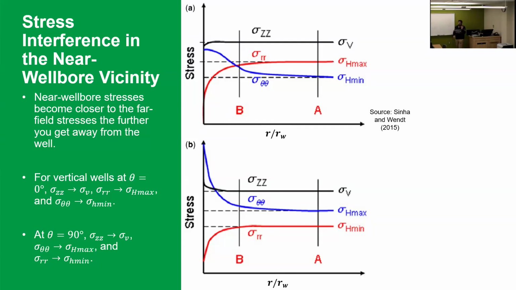But it's not the same as I move around the wellbore. It depends on the angle I'm looking at. If I'm at theta equals 0, sigma H max would be one of the radial or tangential, and the other would be the other one. And then flipped for theta equals 90.